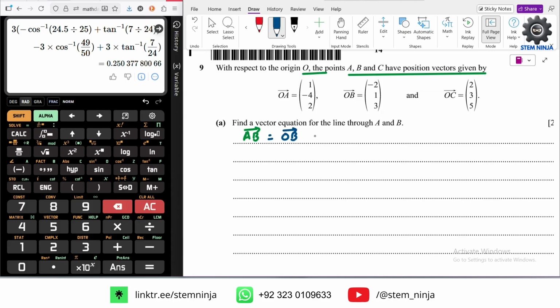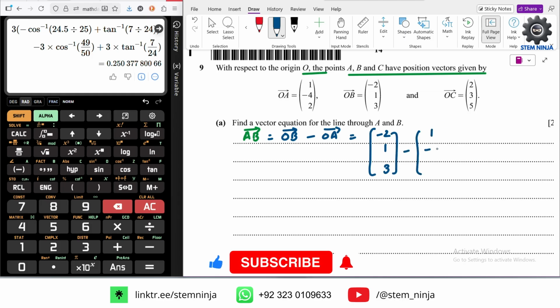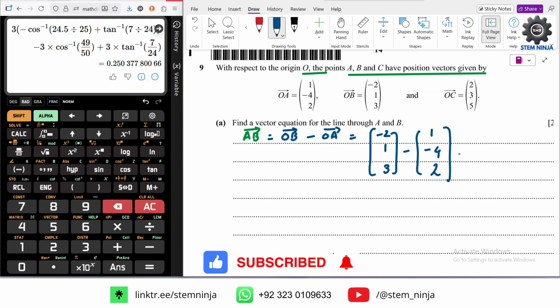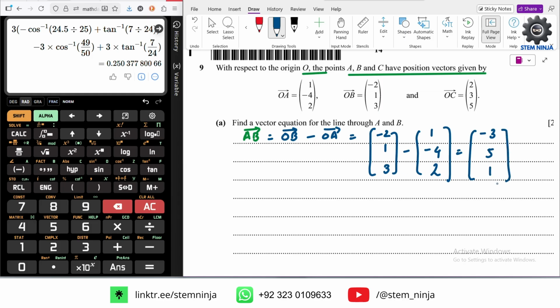So OB minus OA would be (-2, 1, 3) minus (1, -4, 2). So -2 minus 1 is -3, 1 minus -4 is 1 plus 4, which is 5, and 3 minus 2 is 1.